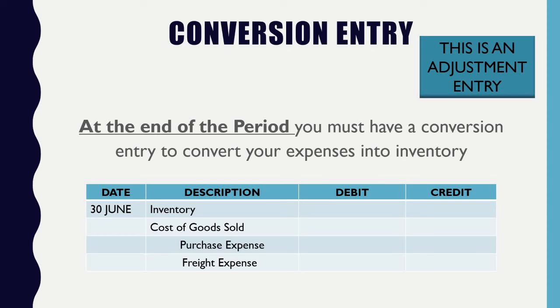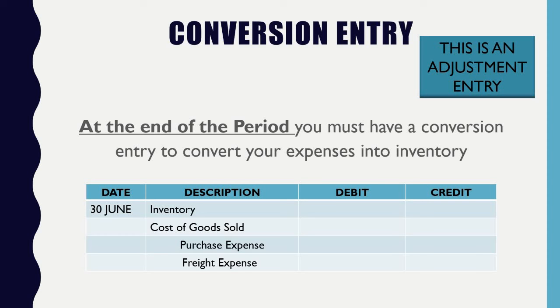I need to recognize what I have left on hand, so my ending balance, and I need to recognize which items I sold. So that's exactly what we're doing. We're taking our purchase expense bucket and our freight expense bucket, and we're going to dump them into my inventory and my cost of goods sold bucket.